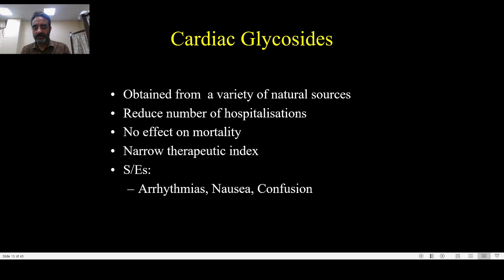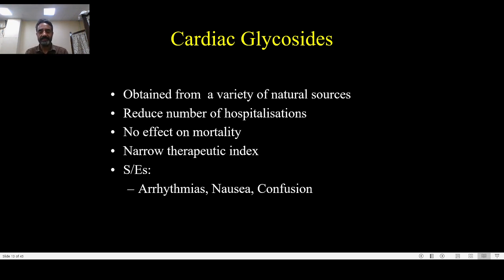Now when we talk about cardiac glycosides, these glycosides are obtained from a variety of natural sources. They reduce the number of hospitalizations, but there is no effect on mortality, and they are toxic drugs. They have got a narrow therapeutic index.